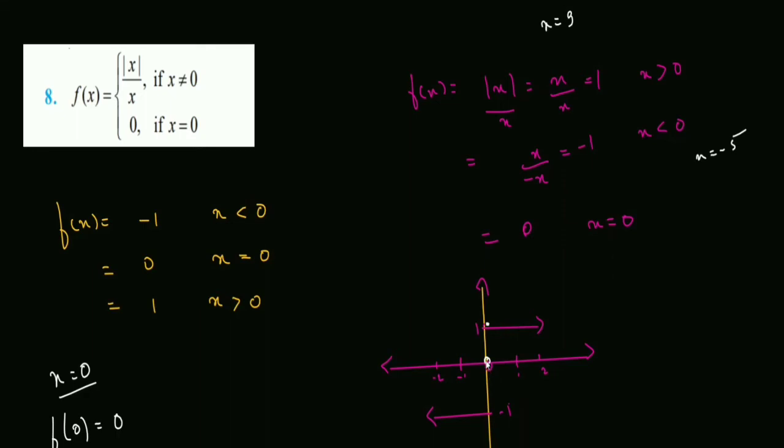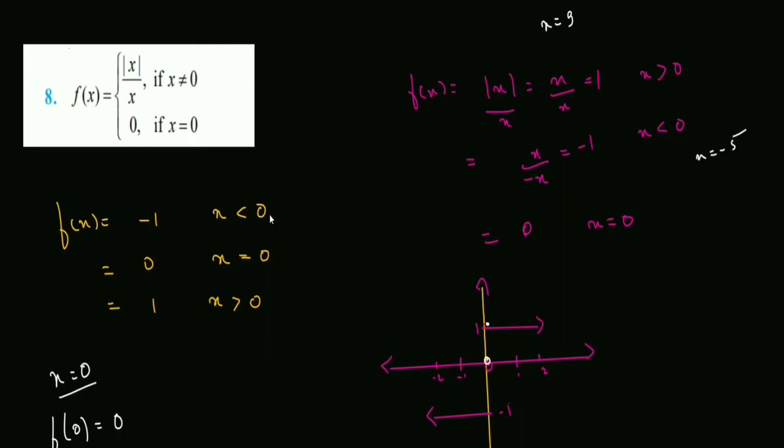Left of 0 it is minus 1, at 0 it is 0, and right of 0 it is 1. So less than 0 the function is minus 1, at 0 it is 0, and right of 0 it is 1.